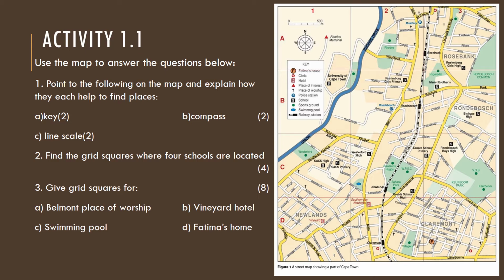Question 2. Find the grid squares where 4 schools are located. There's a number of schools on this map, and so you are only going to write 4 grid squares for 4 schools. Question 3.